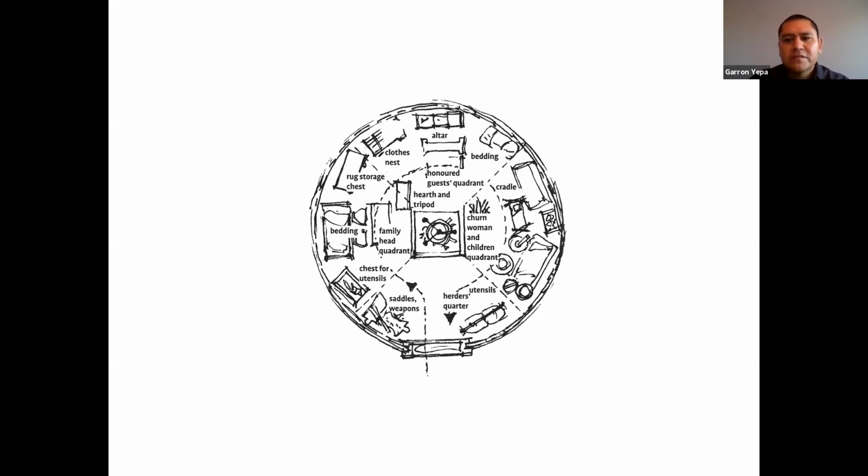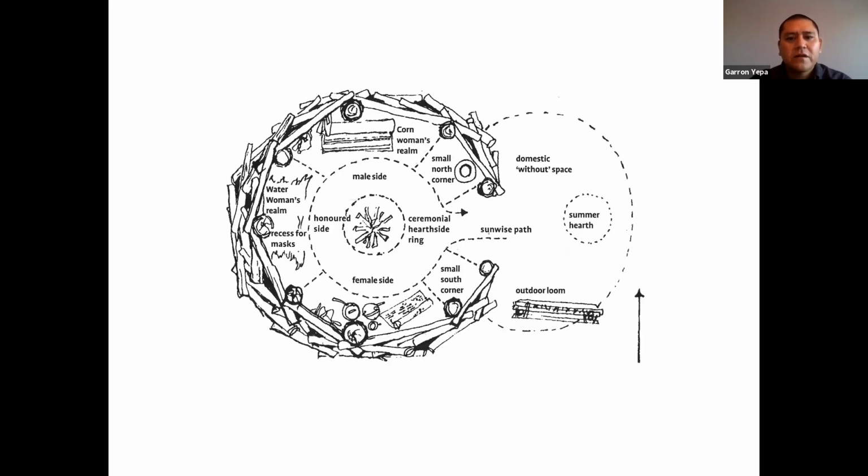Nomadic groups in Central Asia, present-day Russia, organize their system as such, and they're often adorned with symbols to offer protection around the perimeter. And here is the Hogan, the Diné understanding of space and a path which is similar to the sun's directional path.